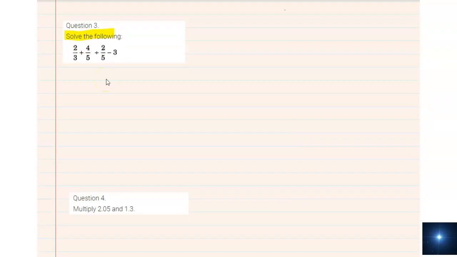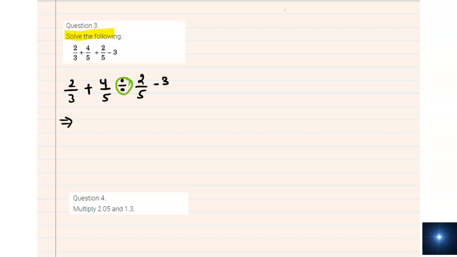Let's start. 2 by 3 plus 4 by 5 plus 2 by 5 minus 3. So it's not plus, it's divide. In the above case, we have seen when we have to turn division into multiplication, what we will do?